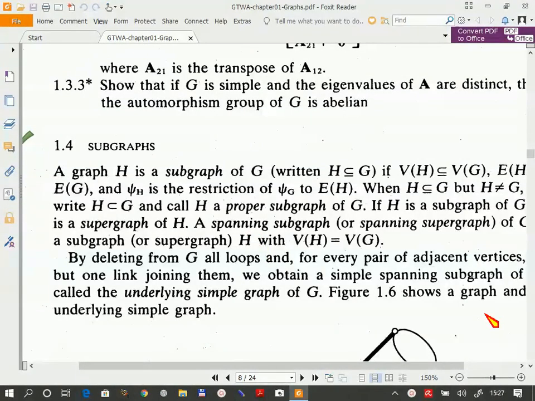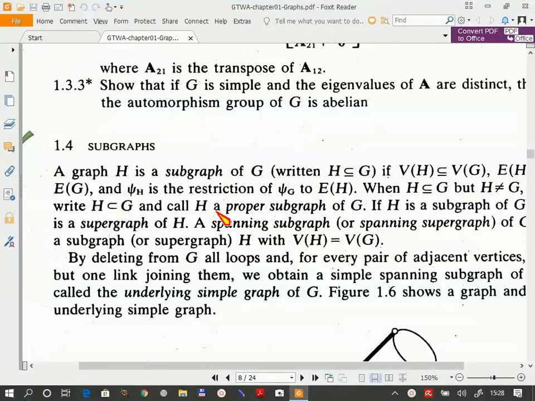We mean that we take some vertices, some edges, and that we take the restriction of the incidence function to that set of edges, and if this structure is a graph, meaning that for each edge its ends are in the set of vertices that we have taken, then you have what is called a subgraph.